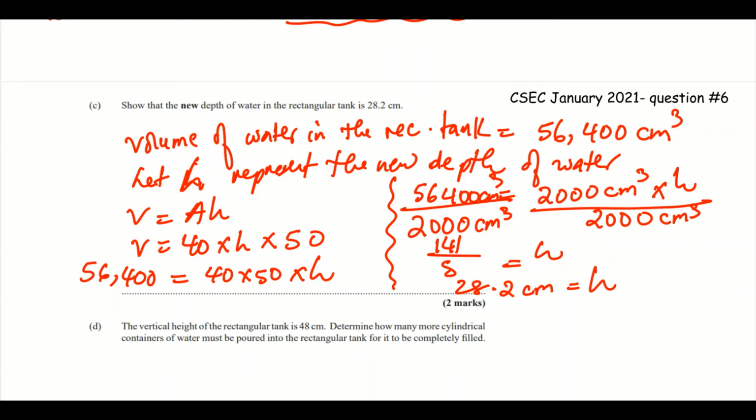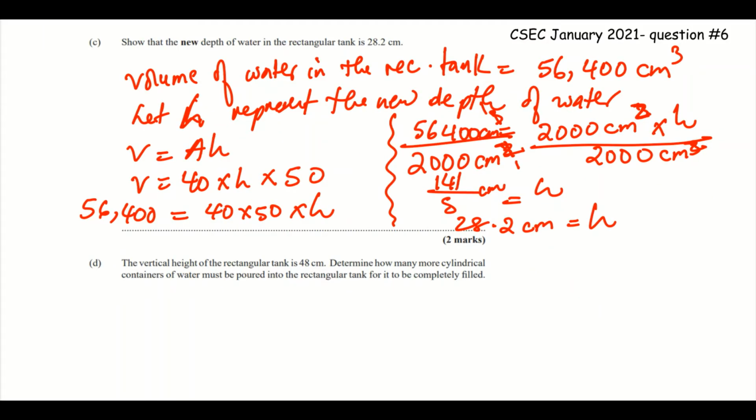Oh, and this 2,000 here would be square. Sorry about the cube, it's going to be square, and then we have this into this, so we're left with only centimeter. So we get 28.2 centimeter, which gives us the depth of the water in the tank currently.